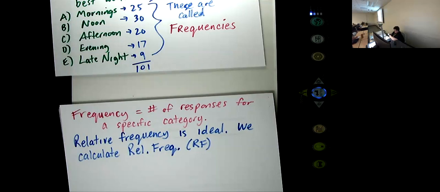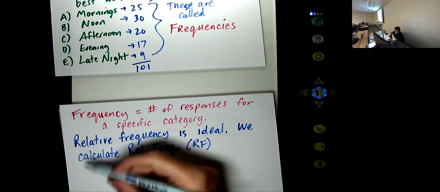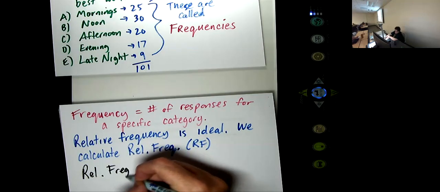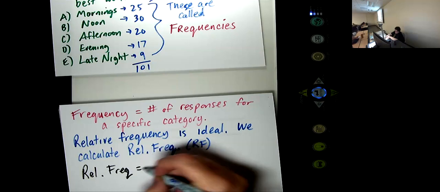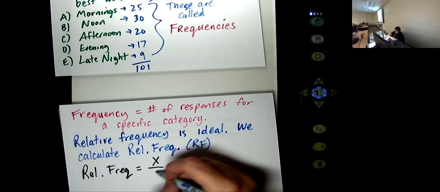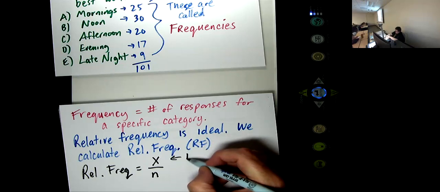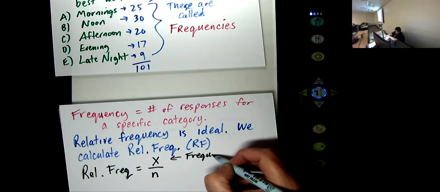But relative frequency, how do we calculate it? Well, find a pen that's not bleeding yet. Relative frequency for a category is X divided by N. X is the frequency for that category.